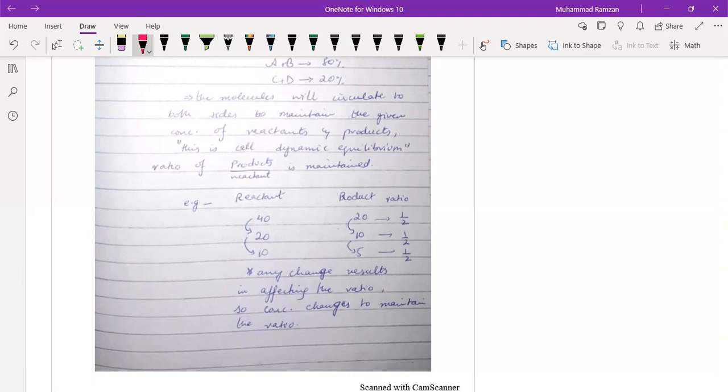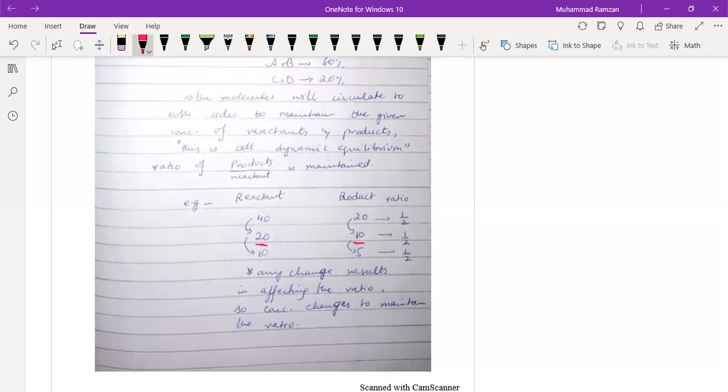If you remove a certain amount of product, the reaction stops moving backward and goes forward. Again, the new concentrations are achieved, like 10 and 20. 20 is decreased to 10, 40 is decreased to 20. The concentration, which is called the position of equilibrium, is changed, but the ratio is 1/2.